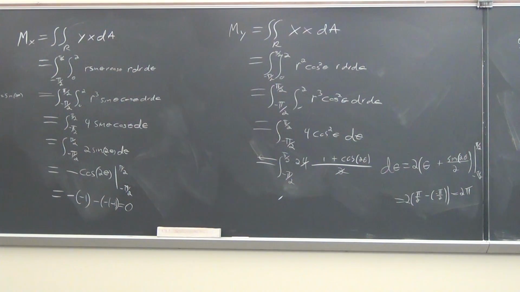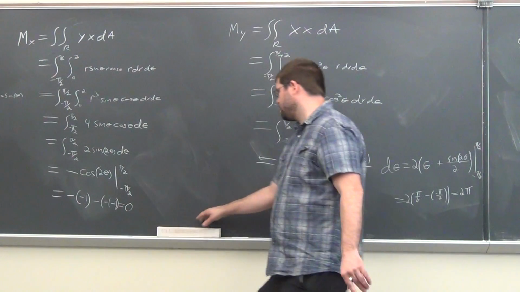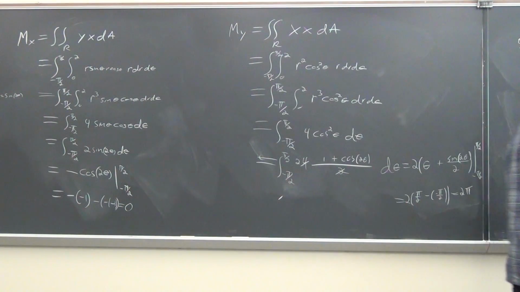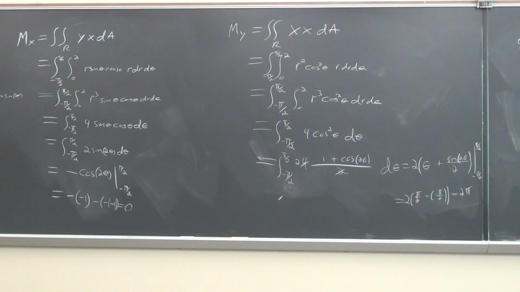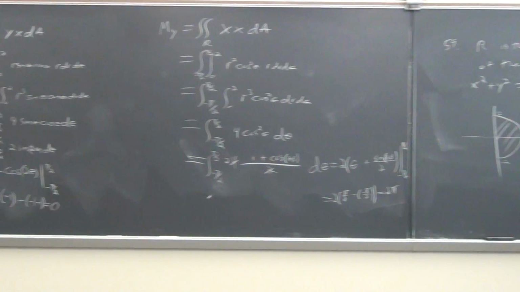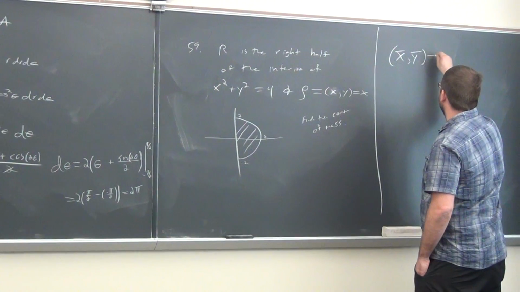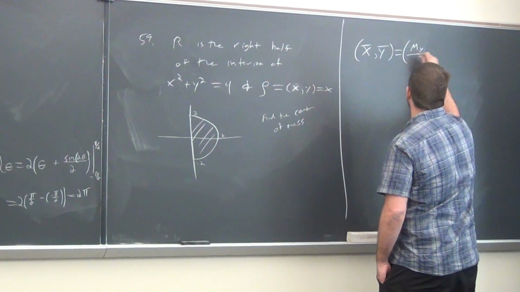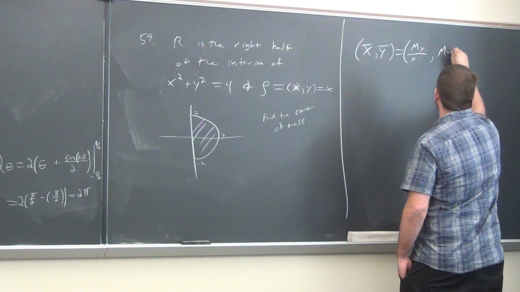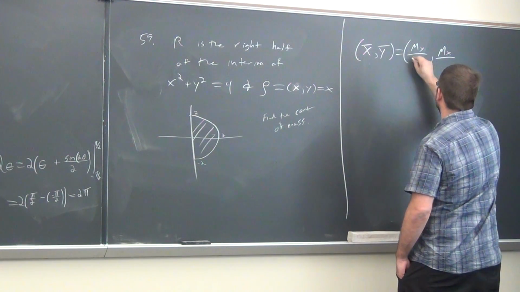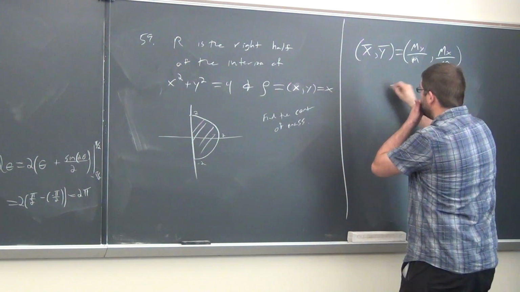All right, now we're pretty much done. Let me leave this region up as long as we're here. And so your center of mass is then x bar, y bar, which is m sub y over m, m sub x over m, and so you just fill those in.